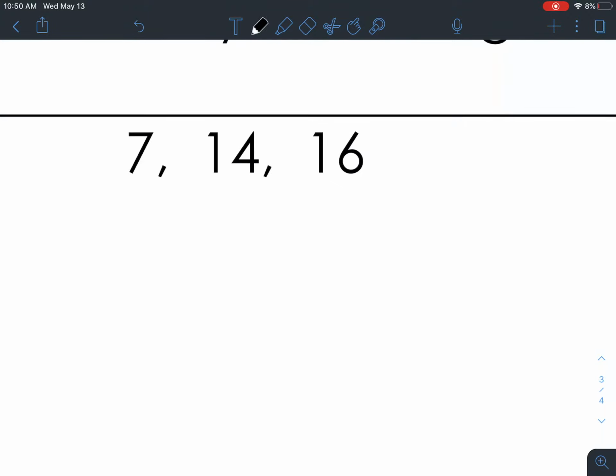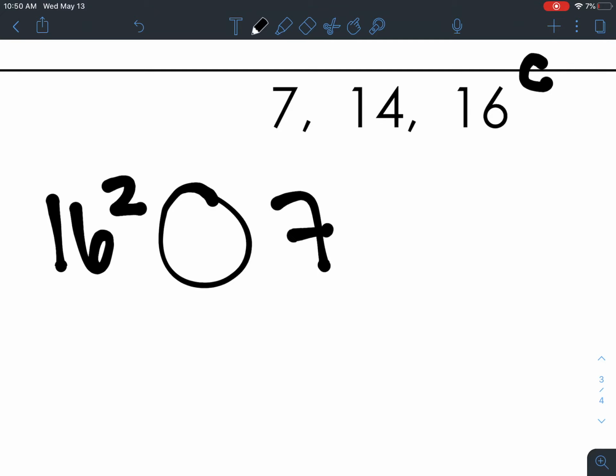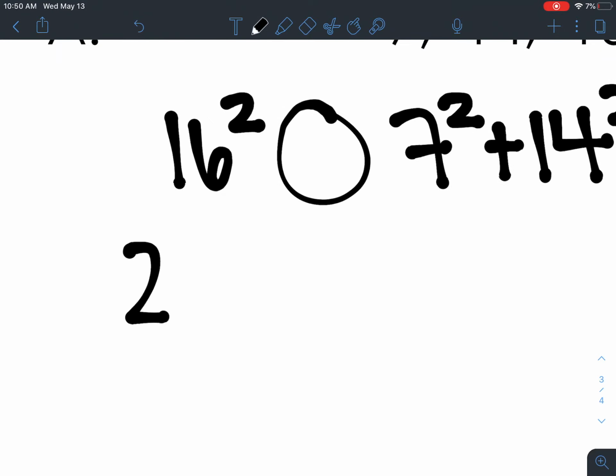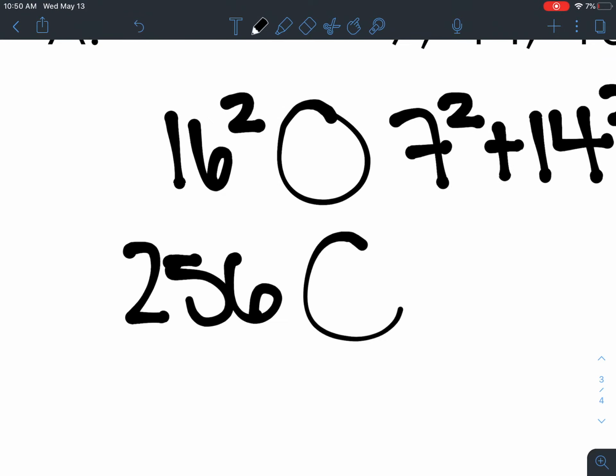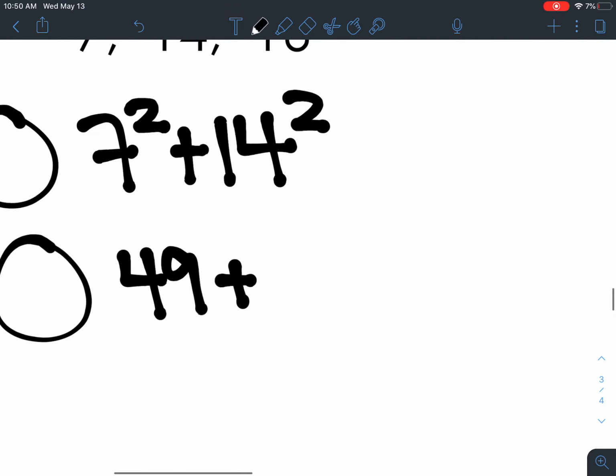To do that, 16 would have to be our hypotenuse because it's the biggest. So I'm going to start there. I'm going to do 16 squared, and compare that to 7 squared plus 14 squared. So 16 squared is going to be 256. 7 squared is 49, plus 14 squared, which is 196.